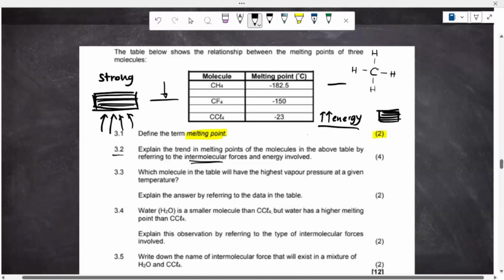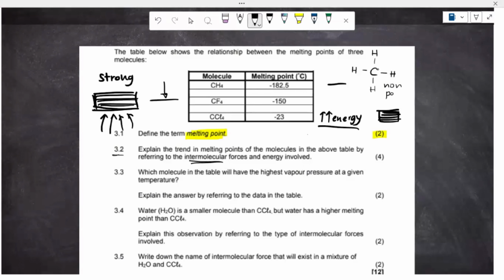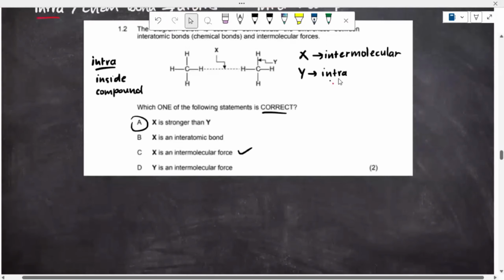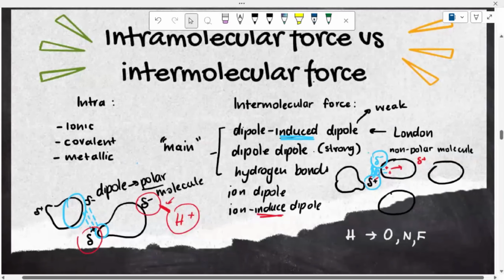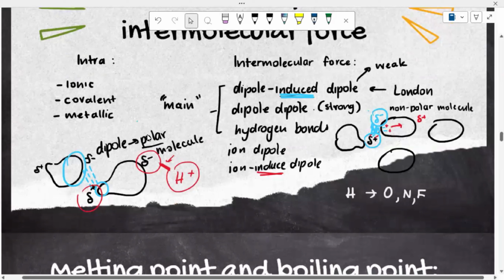All of the charges are going to be relatively regulated throughout the entire thing, so this would be a non-polar molecule. Because it's non-polar, we need to think, okay, what are the intermolecular forces? If we come back up here, remember here we have dipole-dipole, which is when we have two polar molecules next to each other. Hydrogen bonding, we're not really working with hydrogen in a small atom. So all we really have left is London forces.